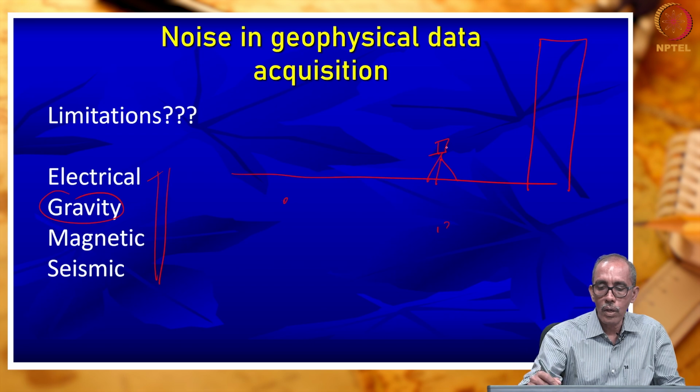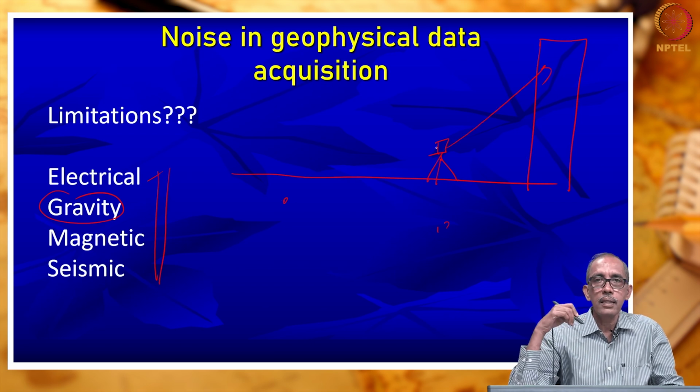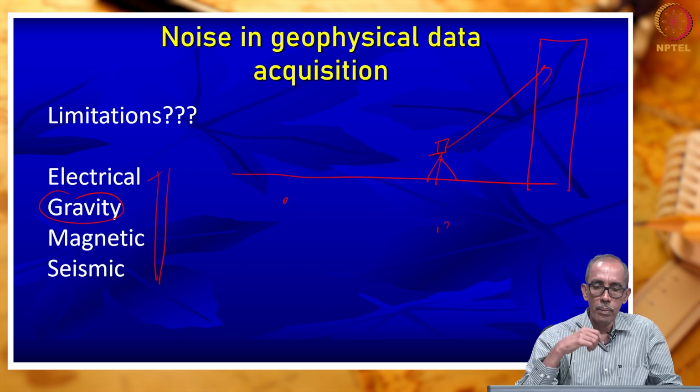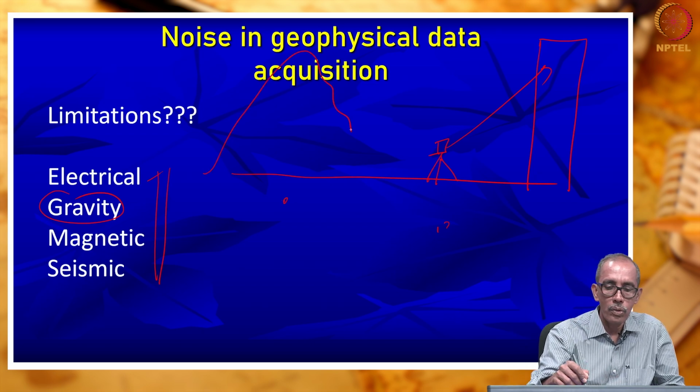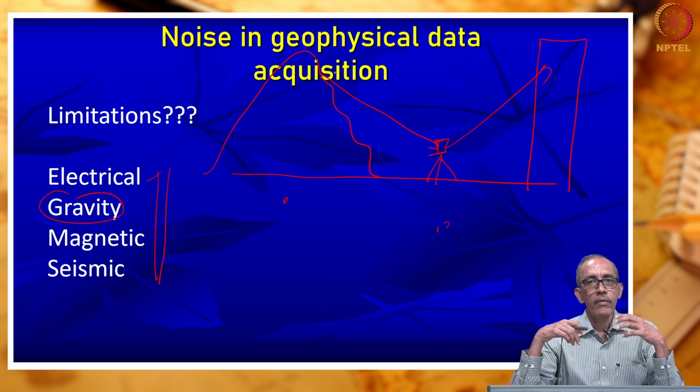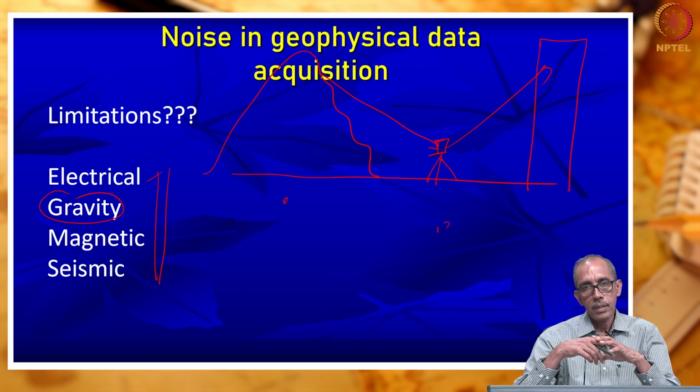This building will also attract the mass in the instrument. Gravimeter is an instrument. The mass will be attracted by a building, or there may be a huge mountain. This mountain also will attract this. We need to overcome this by carrying out some corrections. In this case, however, we can remove this effect by carrying out some corrections.